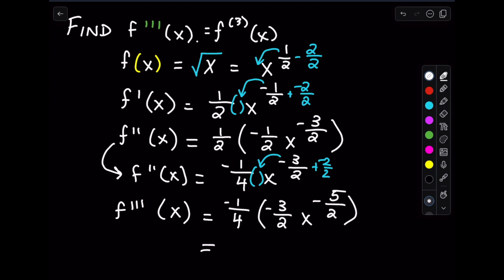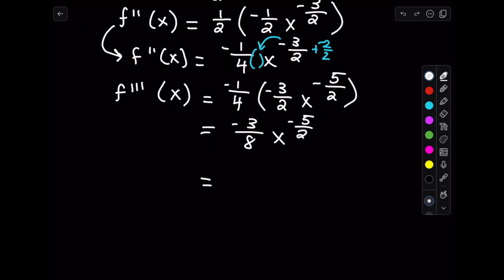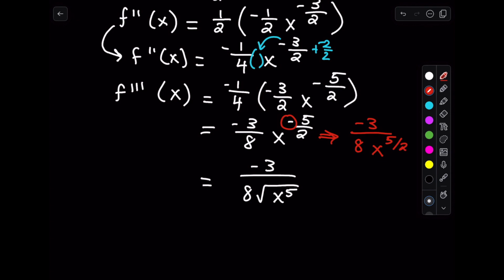Simplifying that further, that equals negative 3/8 x to the power of negative 5/2. And that answer is good as it is, but just for completion, we can rewrite that as negative 3/8 over the square root of x to the 5th. Because if we recall, if there's a negative exponent, that's the same as negative 3/8 over x to the positive 5/2. And then we can just simply convert this into the radical form.